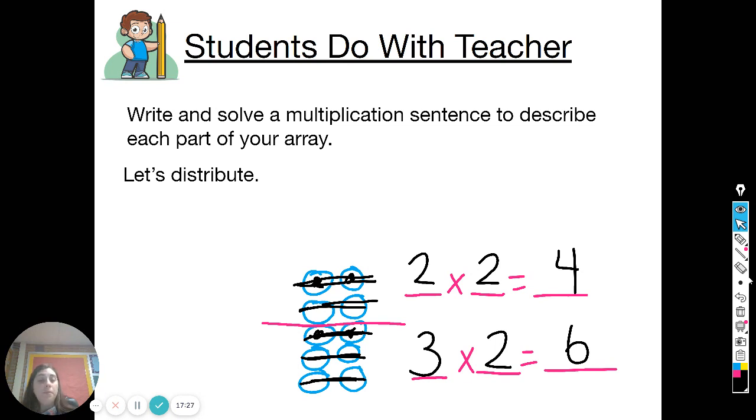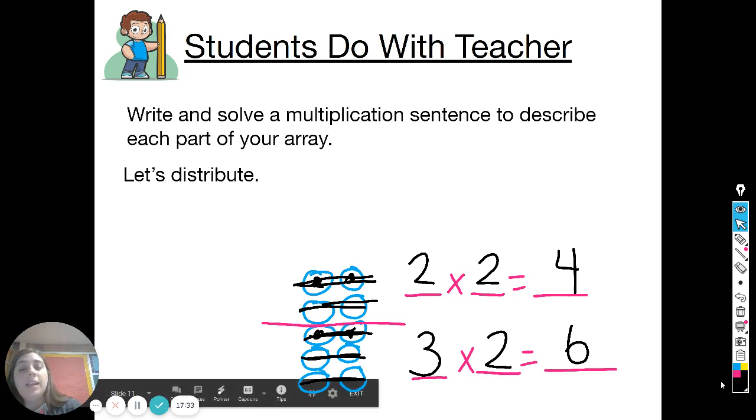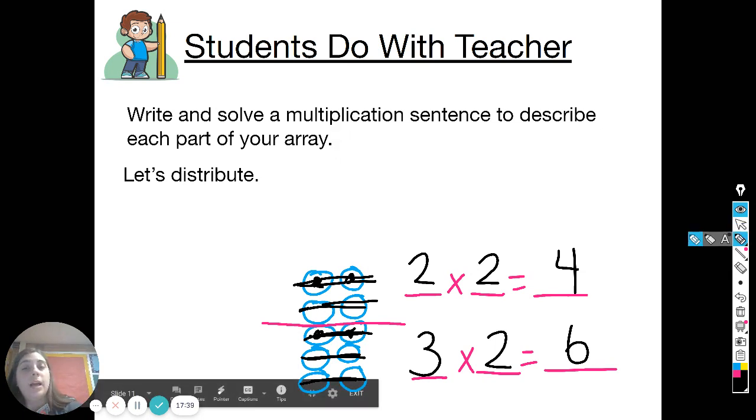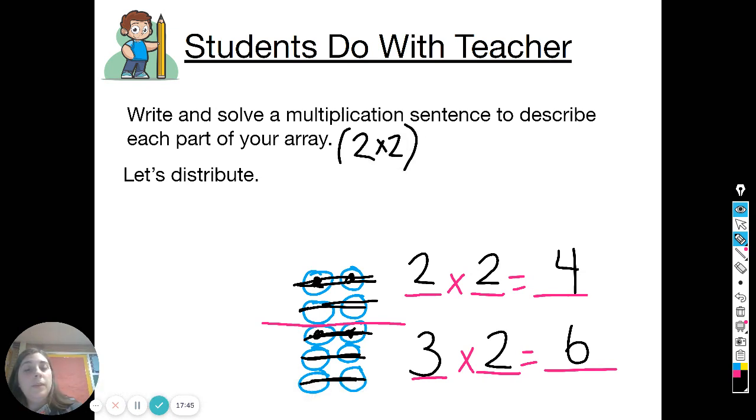Let's distribute. So now what I'm going to do is take each part of my equation, okay? So I'm going to move up here to the top and start with my 2 times 2. And I'm going to add it to the bottom part of my equation, which is 3 times 2.